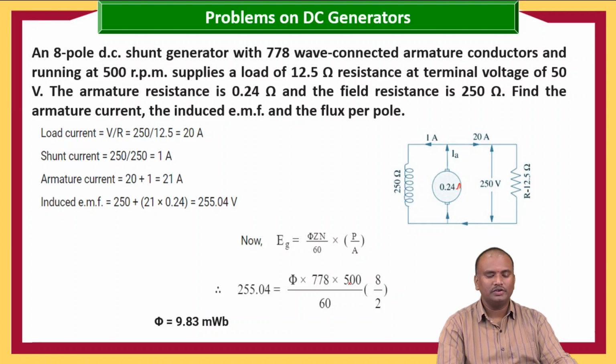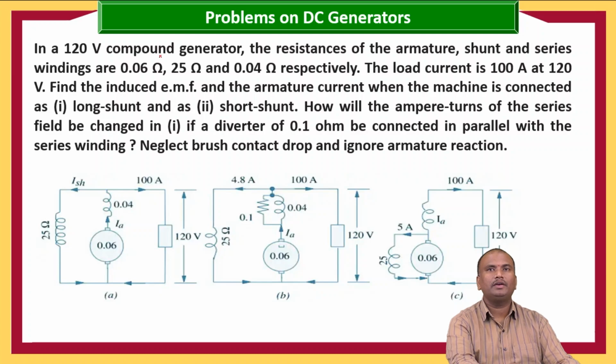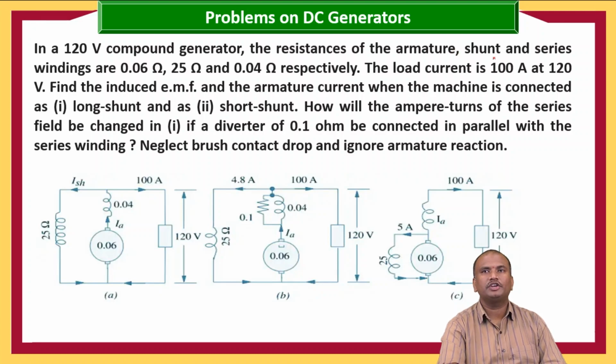So the flux value phi is equal to 9.83 milliwebers.